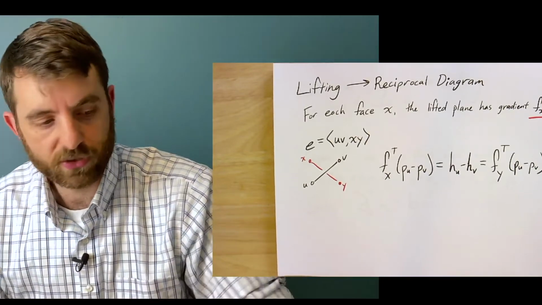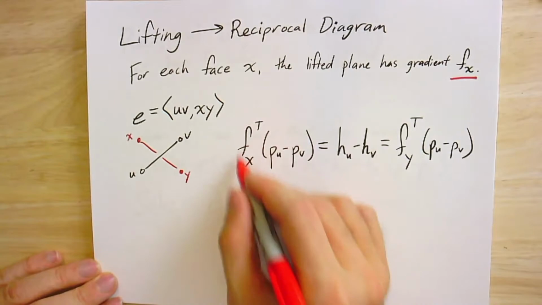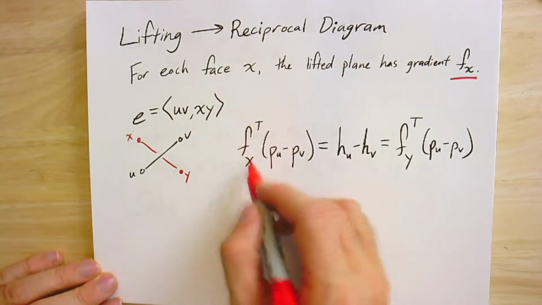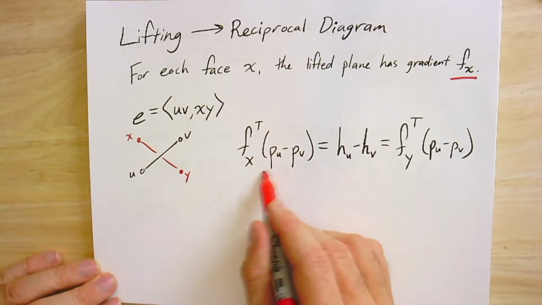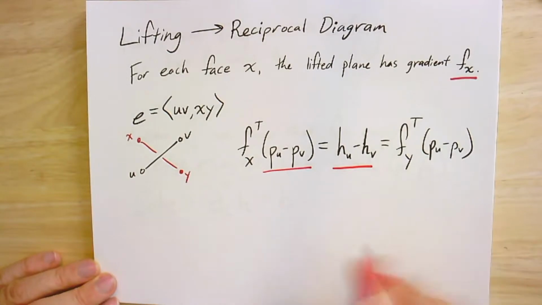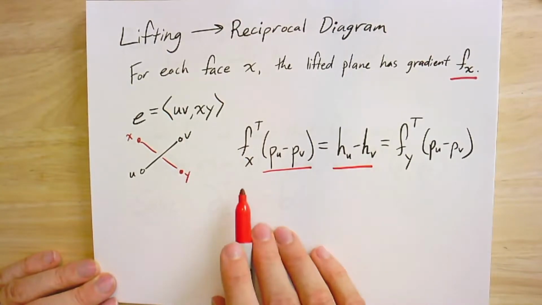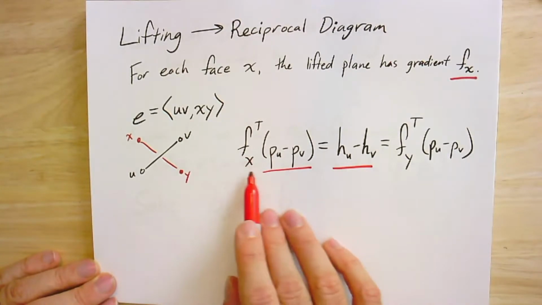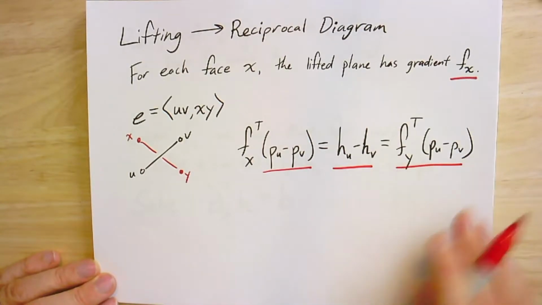that length. So in this case, what we get is the gradient of the plane for x times this vector p_u minus p_v, it should be equal to the change in height, right? So the lifting gave me this height, and it guaranteed me that these gradients really were going to describe the changes in height, and it would be the same thing at y, right?